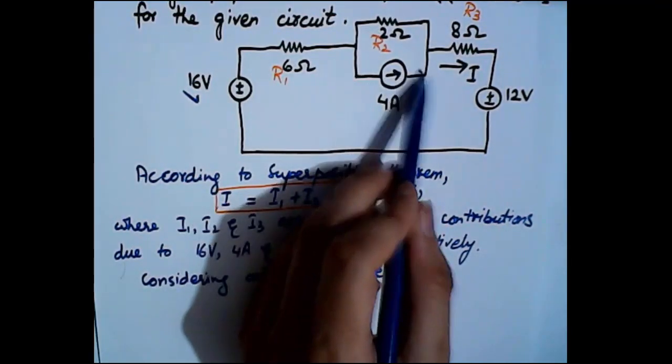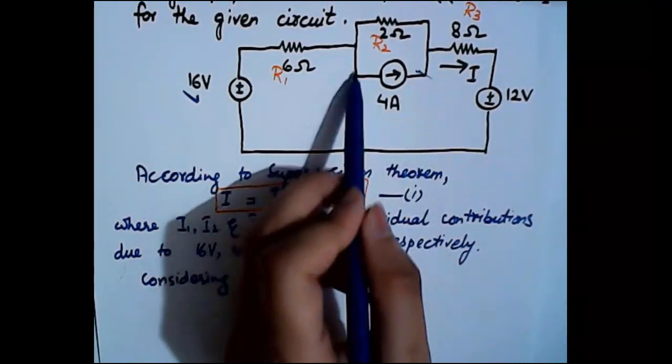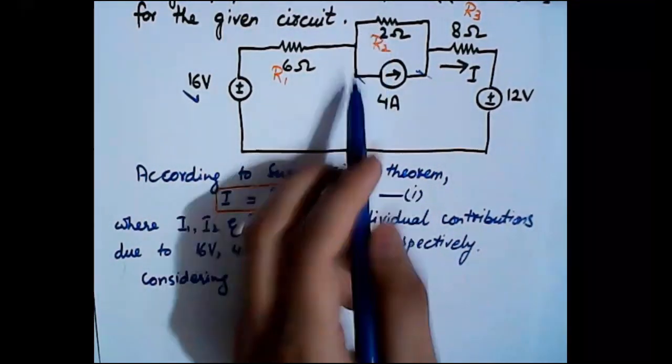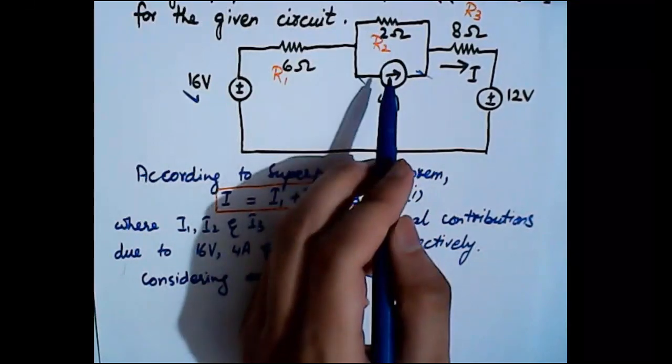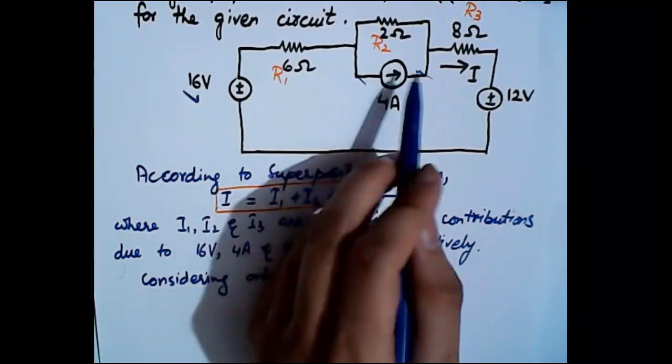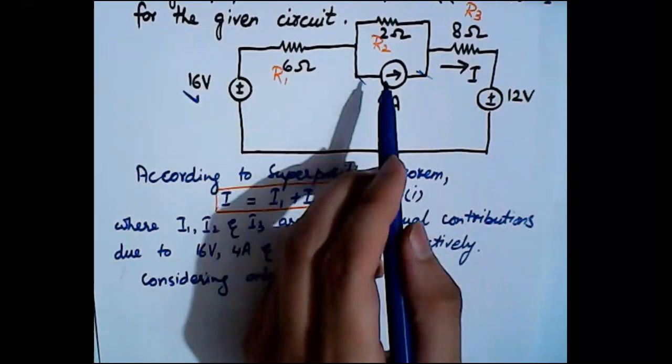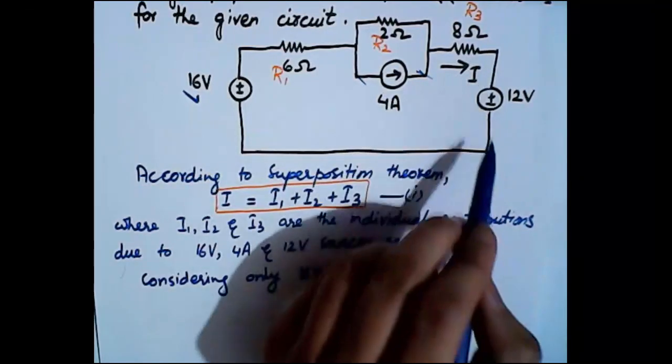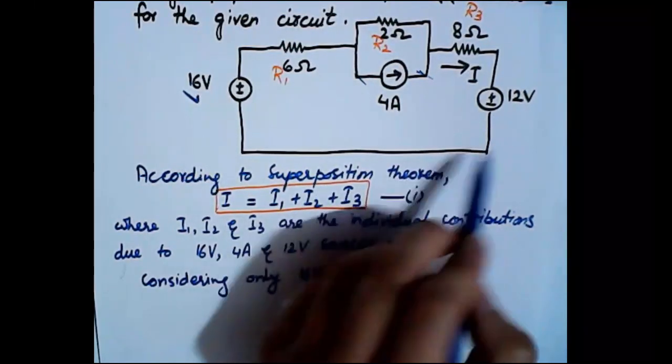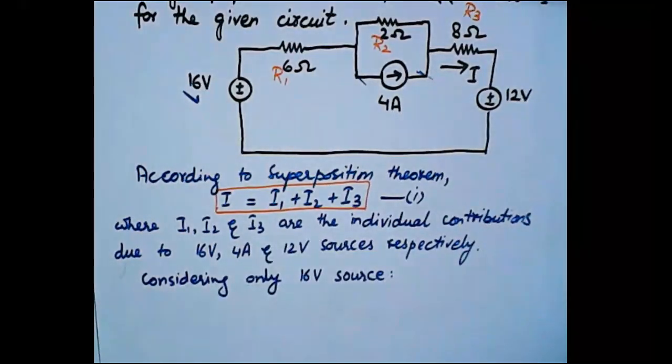That means the complete branch will be removed, but this resistance will be present. Why? Because they are in parallel. The 4 ampere branch will only be removed by open circuiting, and this voltage source will also be replaced by a short circuit.